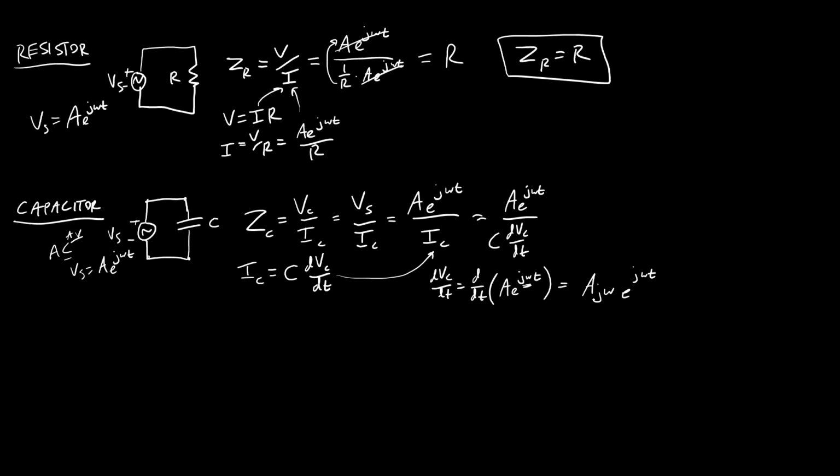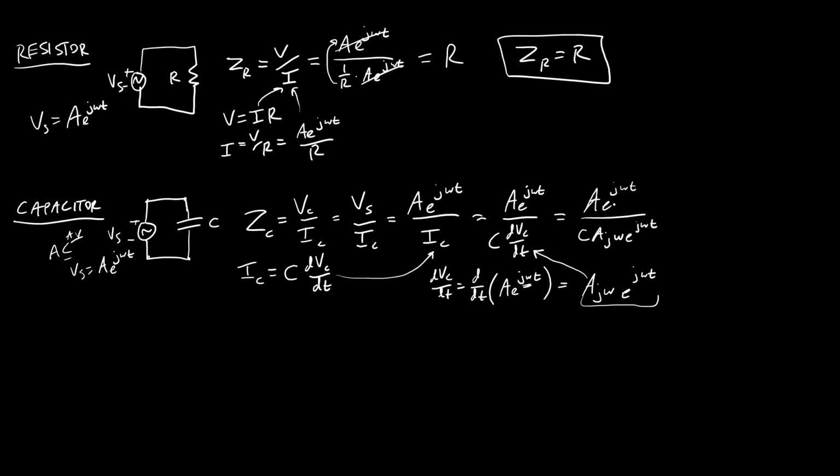So this was just the derivative term. Now this is A e^(jωt) over C times A jω e^(jωt).